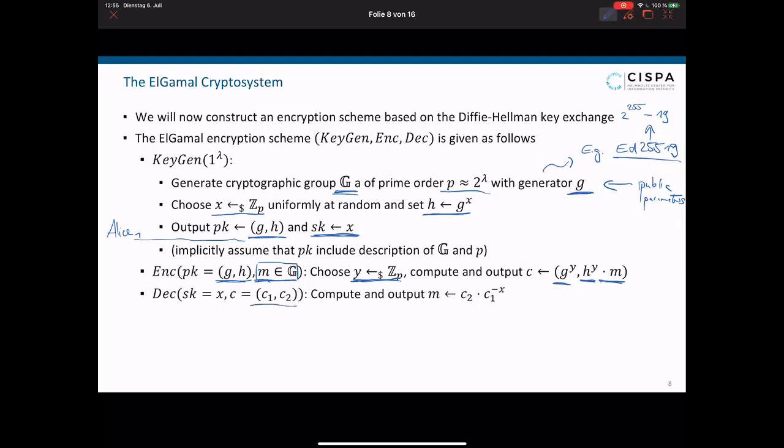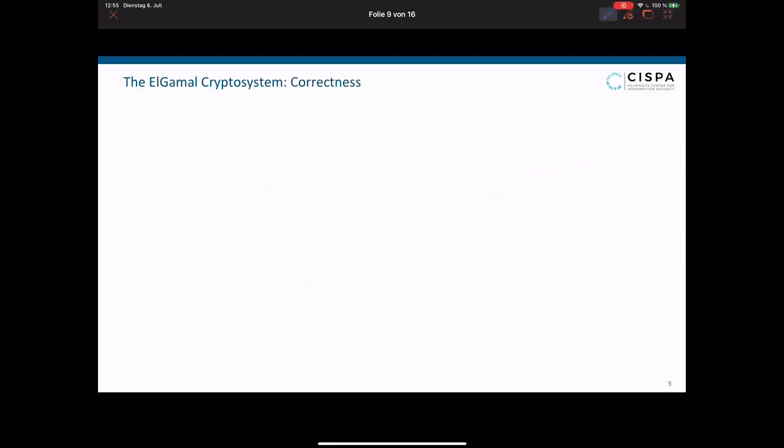So decryption works as follows. Given a ciphertext C consisting of these parts C1 and C2, we just compute C2 times C1 to the minus X. Let's quickly see why this is correct. If you have a public key, this consists of G, and H equals G to the X. We have an encryption, C1, C2.